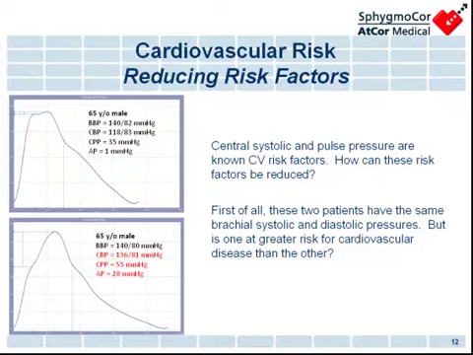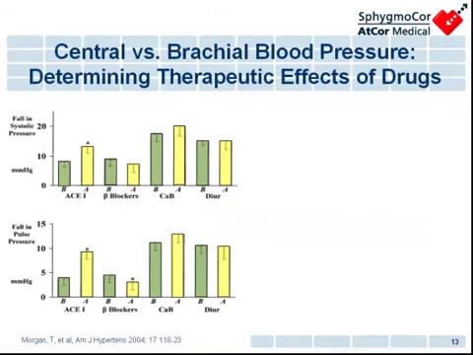And I think this is the most important concept: there is a remarkably differential effect on central blood pressure that is not always appreciated with brachial blood pressure. So in this study, we have a bunch of different agents. This is systolic pressure; centrally it falls more, up is falling.